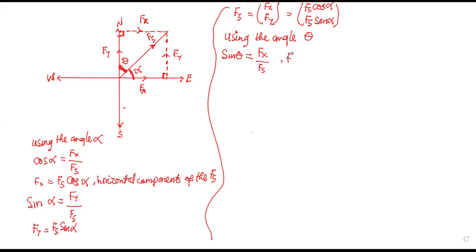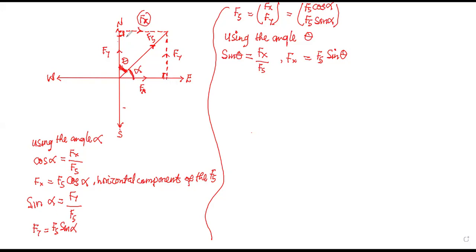Therefore, Fx in this case is equal to F5 times sine theta. Okay, so this is the horizontal component. You see, this part is actually the vertical component of the angle. But because it's along the x-axis, it is termed as Fx.